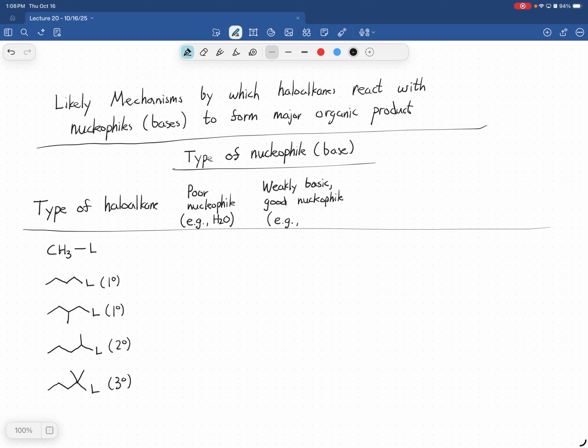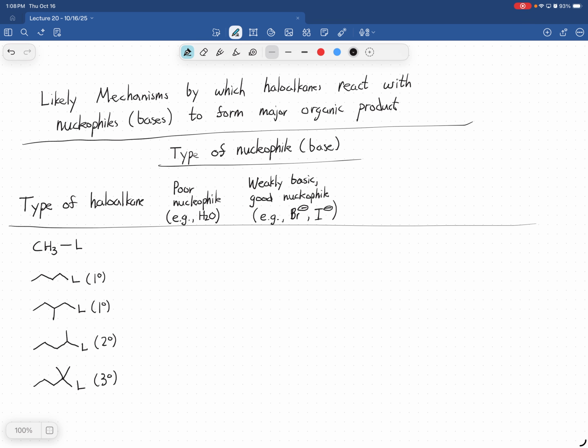Yeah, bromine, right. You could write Br minus, or iodide. Those are two common ones for this class. Good.